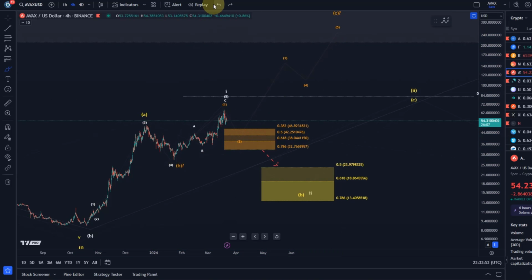Now, it's difficult to say which one it is, very difficult to distinguish between the different counts and scenarios. And the reason is that this chart just doesn't offer much clarity on the micro level. Okay, we have to accept that it is what it is.